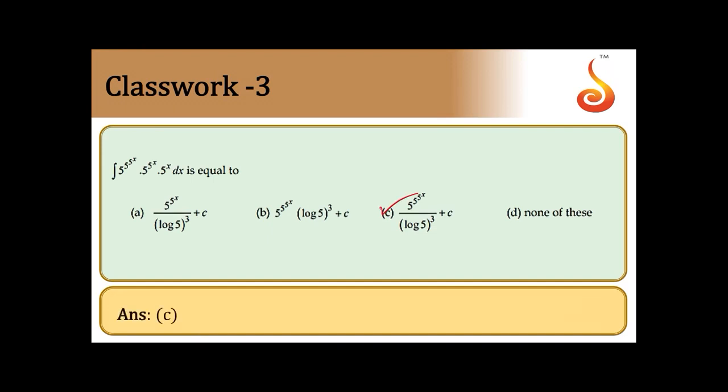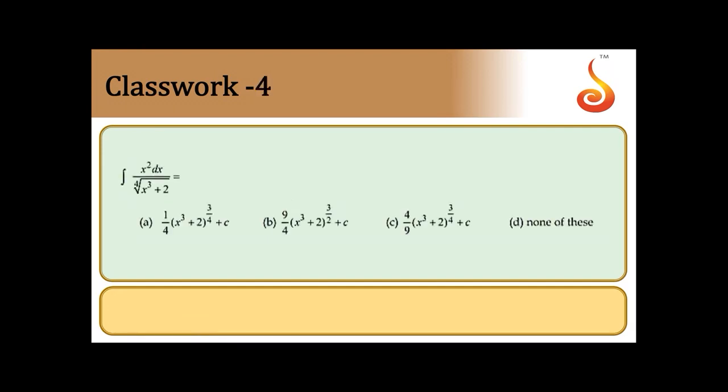Answer is C. Next, coming to the fourth one, integral x square divided by the fourth root of x cube plus 2. The derivative of x cube is 3x square. Can I write the numerator as the derivative of the denominator's inside? This can be written as the integration of x square, x cube plus 2 to the power of minus 1 by 4, into the derivative of x cube, which is 3x square, into dx. Of course, 3x square dx with a factor of 1 by 3.